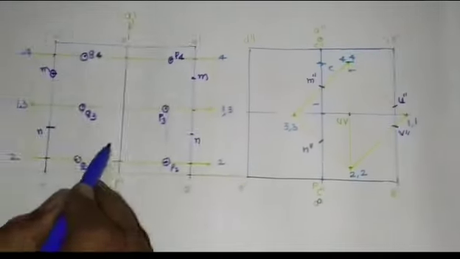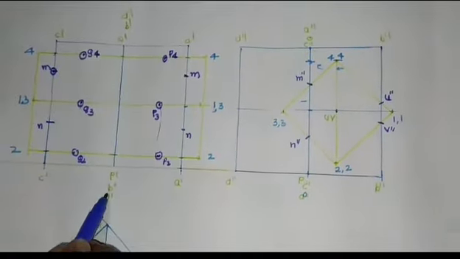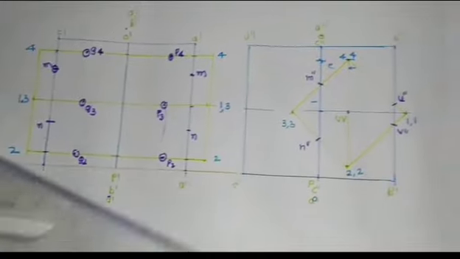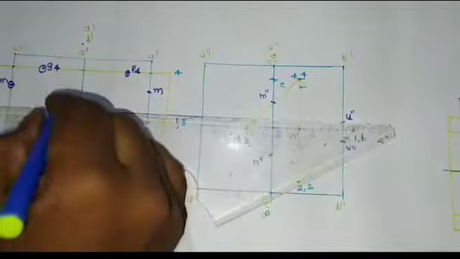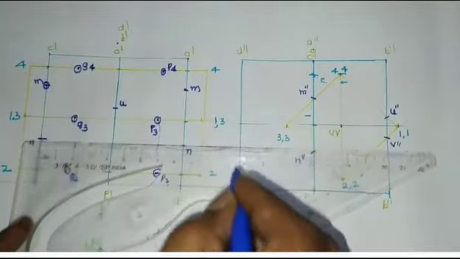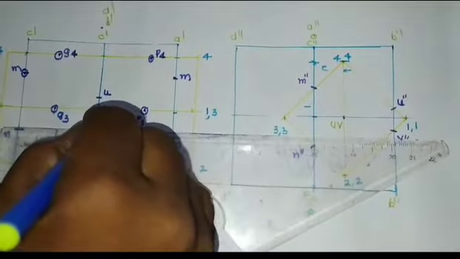Where is BB in the front view? This is the BB. So I transfer this U and V in the front view that lies on BB. Here I will name as U. Here I will name as V.